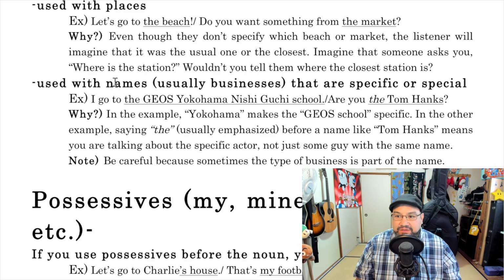Imagine that someone asks you, where is the station? Wouldn't you tell them where the closest station is? So again, the station. Where's the station? Of course, the closest station to us. There are many stations around. So when we say the station, means the closest station. The beach, of course, there are many beaches, and the market.